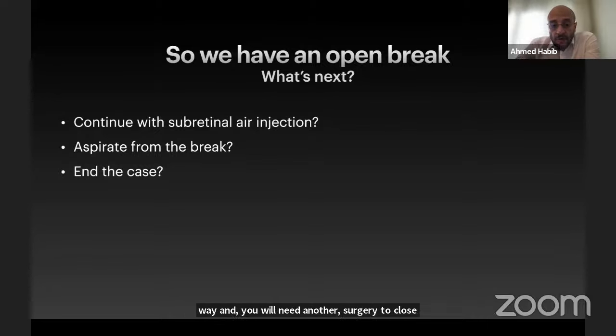So you deal with it. If it's a macular hole, you deal with it with an inverted flap, or if it is a hole that is away from the fovea, you just leave it and you don't inject air. That's what I decided then and there.